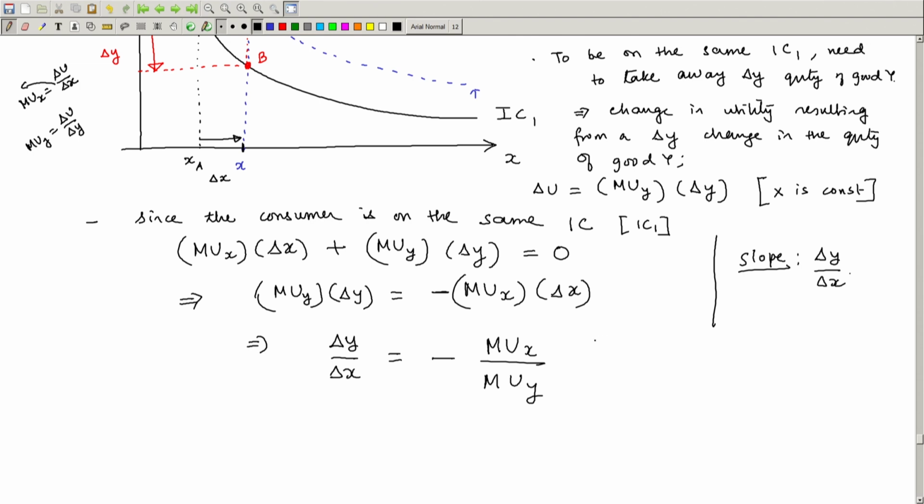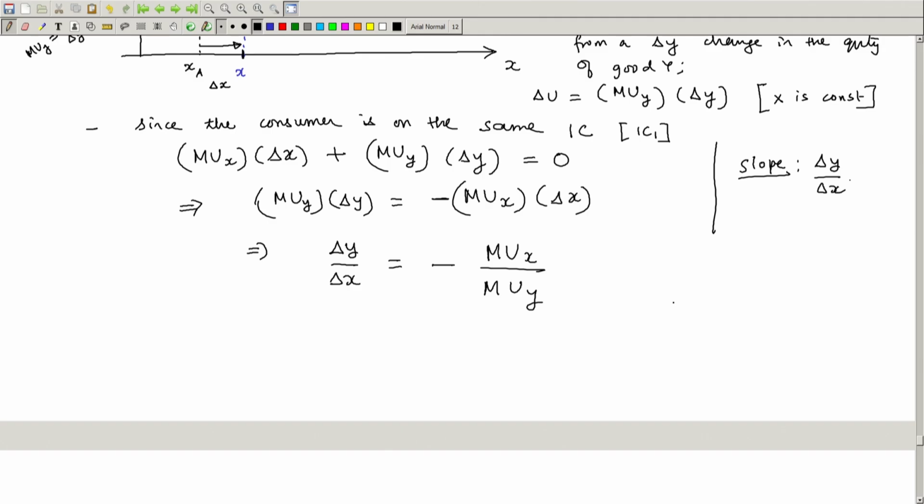Now, let us do one more step to sharpen our argument. For small delta, as my delta tends to 0, we can use the limiting argument. We can essentially say that the limit of delta y upon delta x as delta tends to 0 can be represented by dy dx.